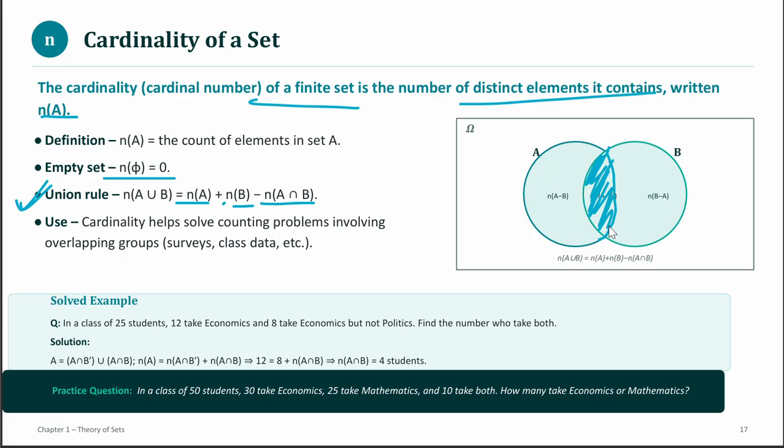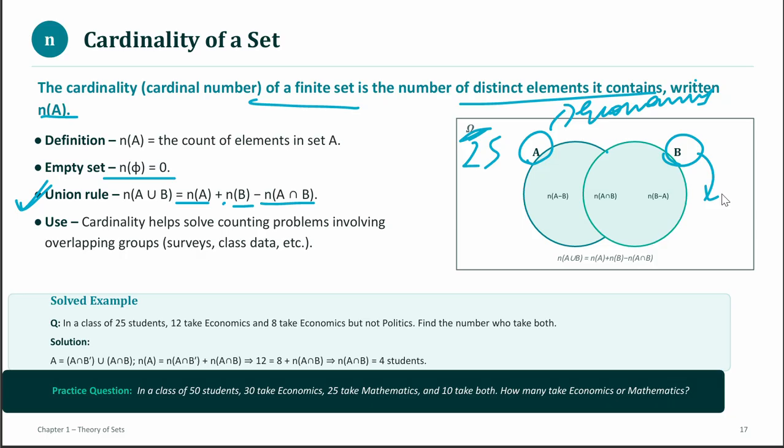Cardinality helps in solving counting problems involving overlapping groups, surveys, class data, etc. Now let us solve this example. In a class of 25 students, so that means the union set is 25, 12 take economics. Let us consider A to be economics and B to be politics.